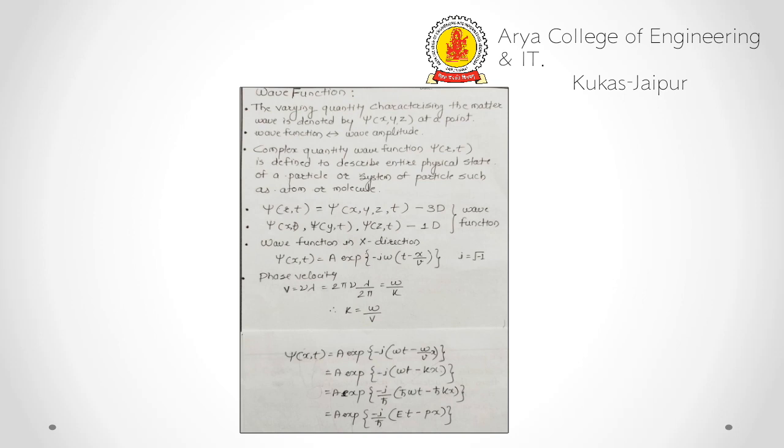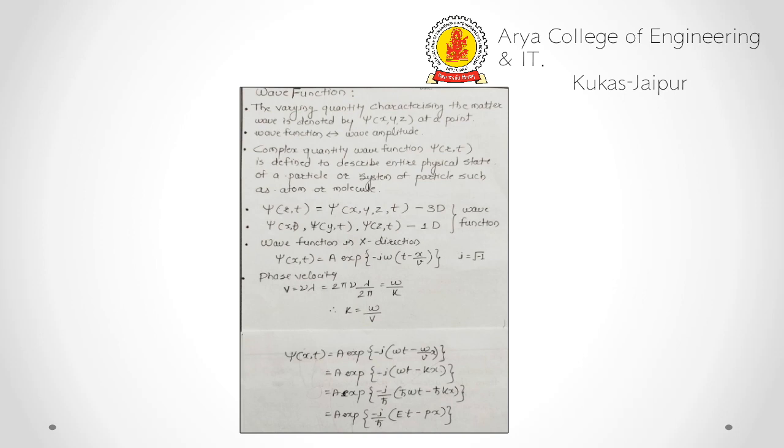Now this wave function equation can be written in different formats, which are given here. In the above equation, we multiply the omega into the bracket, so we get psi(x,t) equals A exponential of minus i (omega t minus omega x upon v). Here omega upon v can be replaced by k.